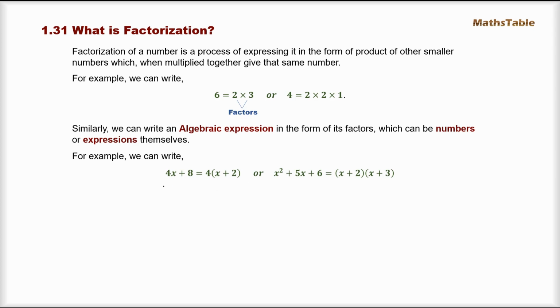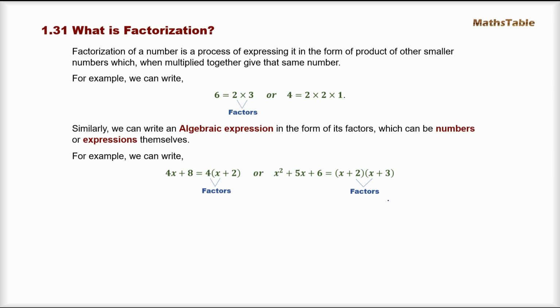So this expression has two factors, 4 and x plus 2. Similarly, we can express x squared plus 5x plus 6 as a product of two factors, which in this case are both algebraic expressions. So it's not necessary that in the case of algebraic expressions we get a number and an expression. We may get all of the factors as algebraic expressions.